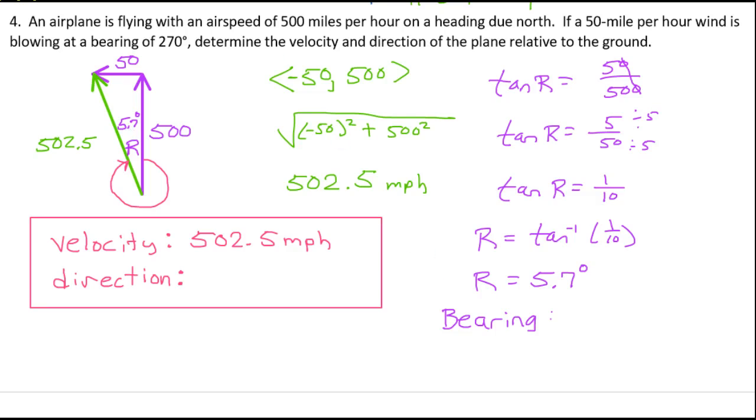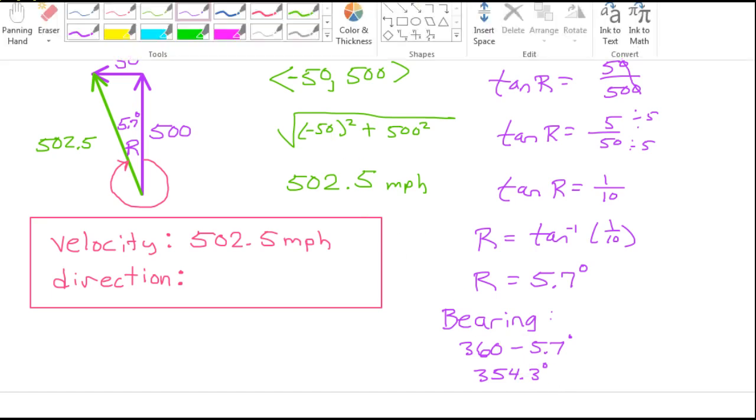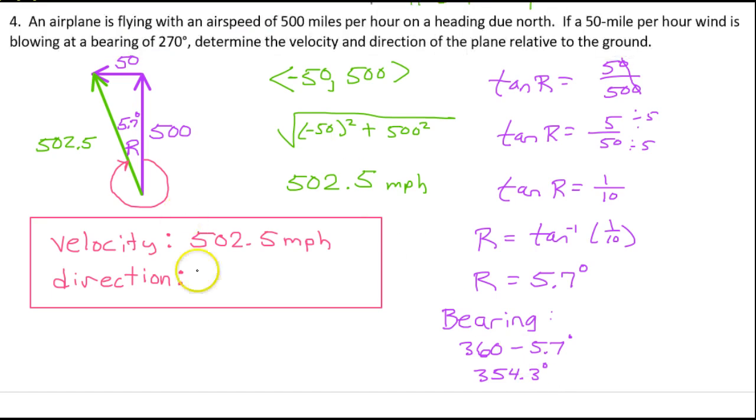So in other words, the bearing is going to be 360 degrees minus the 5.7 degrees. That's a bearing of 354.3 degrees. So that's what we will put for our final answer.